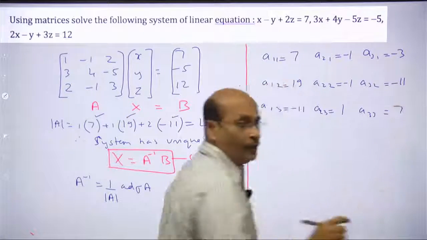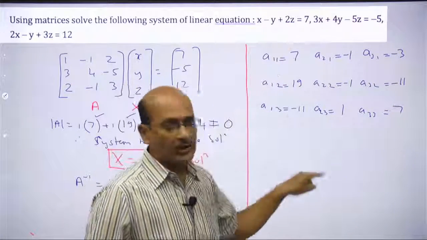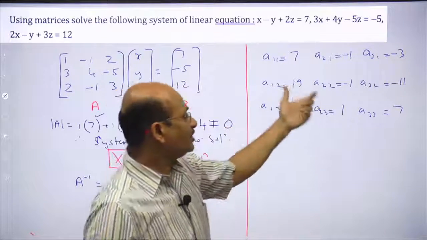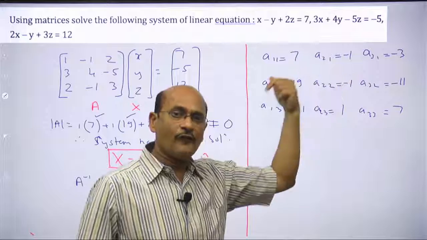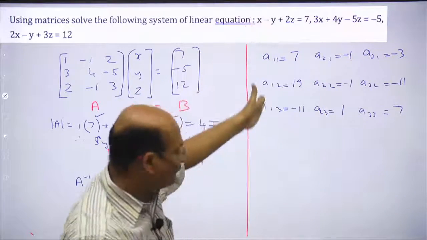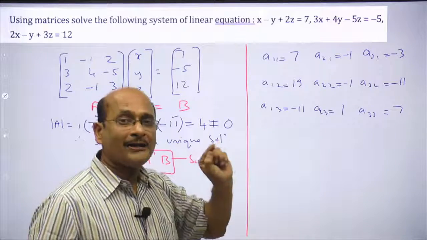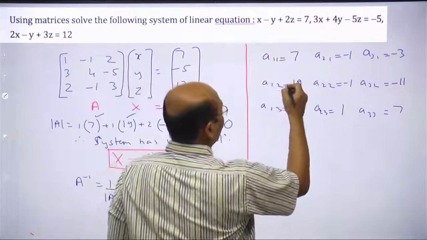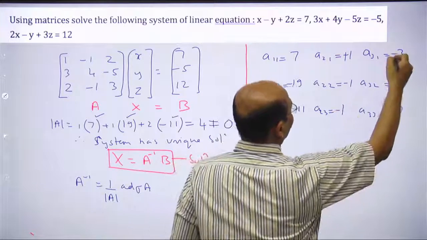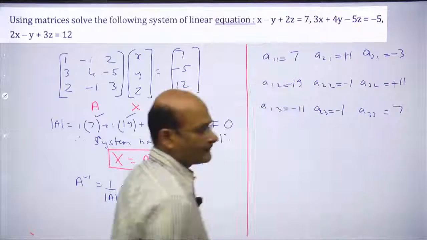Now remember, if you forget to put the sign to this, the full solution will collapse. Remember, an adjoint is nothing but the transpose of the cofactor. The transpose I have already done, because I had written 1, 1, 1, 2, 1, 3. But the cofactor signs are plus, minus, plus, minus, plus, minus, plus, minus, plus.